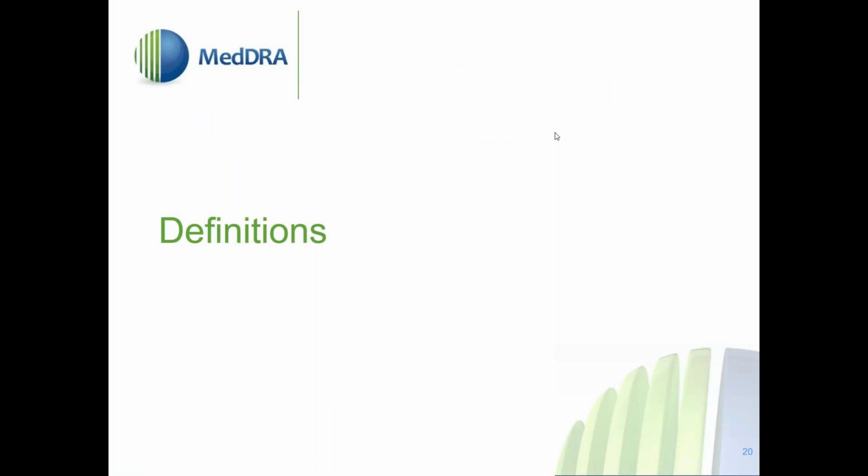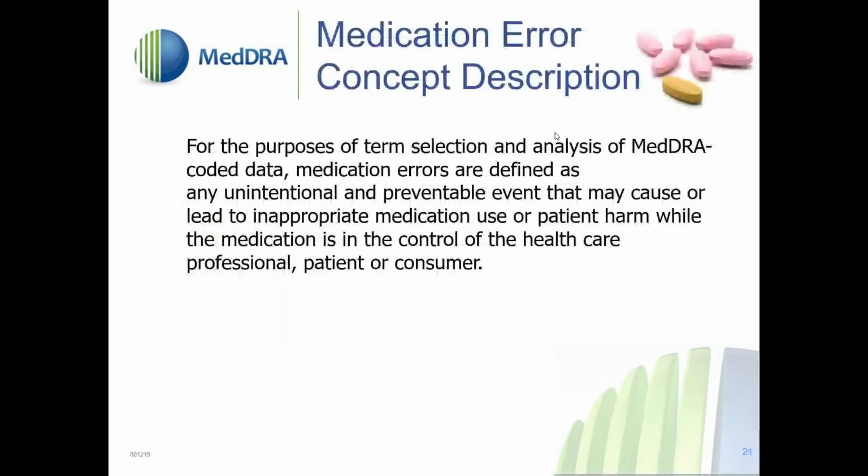Now, before we go into further details, we will have to familiarize ourselves with the terms that refer to medication errors and other product use errors and issues. Here the concept description for the term medication error, taken from the MedDRA browser.